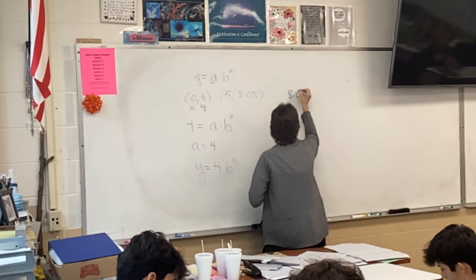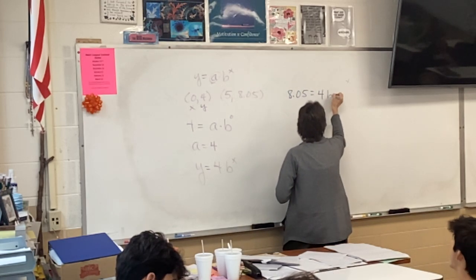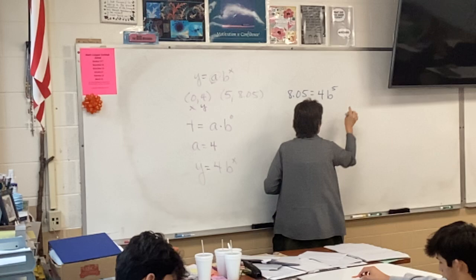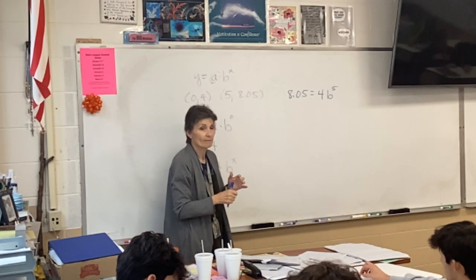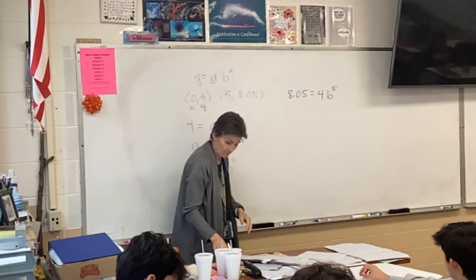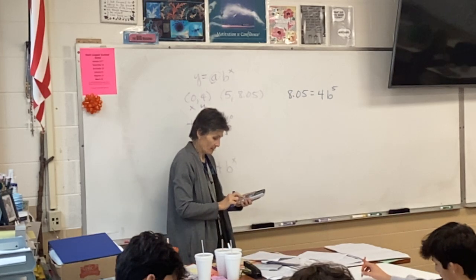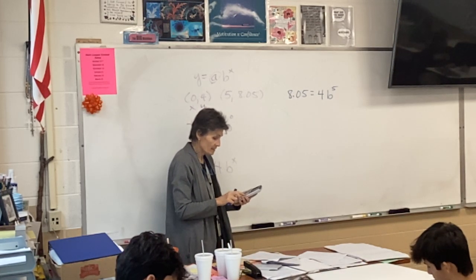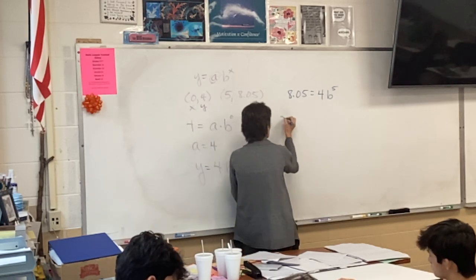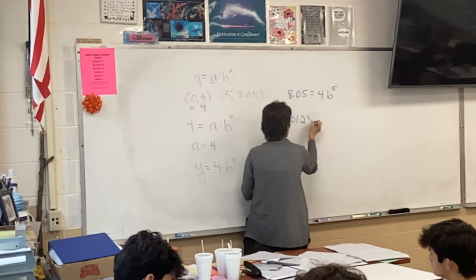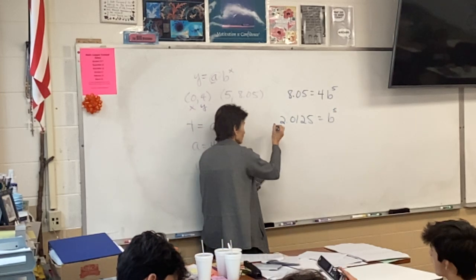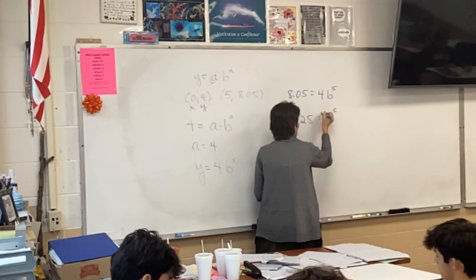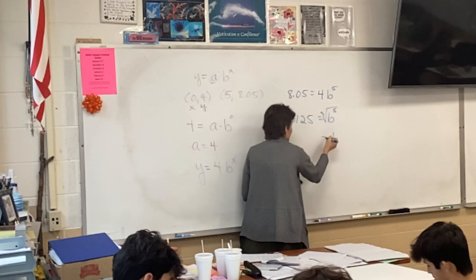So 8.05 equals 4 times B to the 5th. Any idea on how we're going to handle this? Divide by 4. So 8.05 divided by 4 is 2.0125 equals B to the 5th. 5th root, 5th root, and that'll give us B, right?